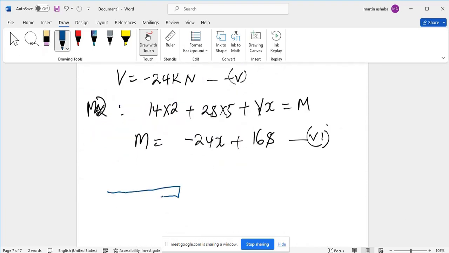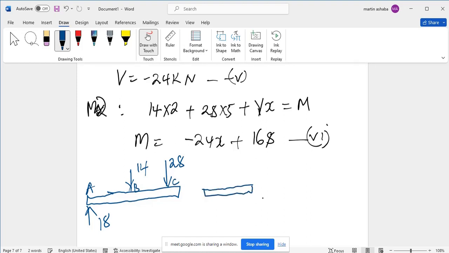If I drew it, this is 15. This is we said 14. Then we said this is 28, and this is A, this is B, this is C. Then it means we are still lacking some last portion, that last portion that has D. So this is 24.